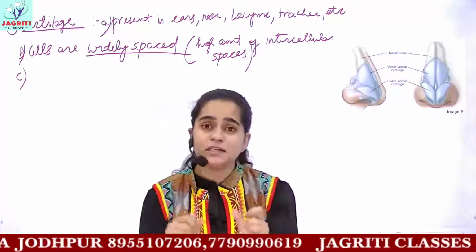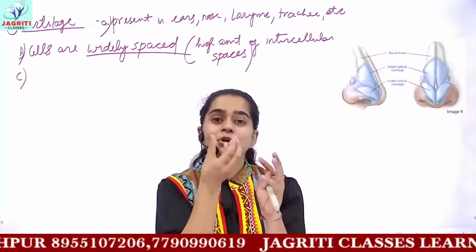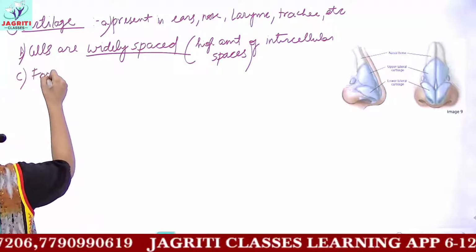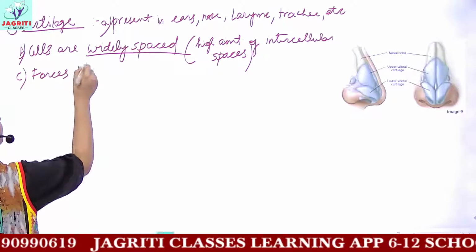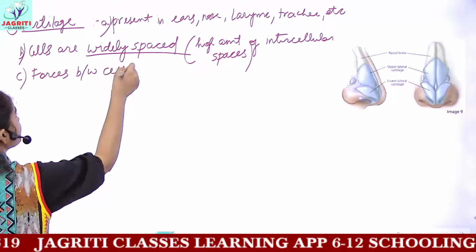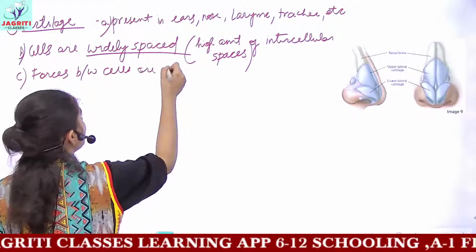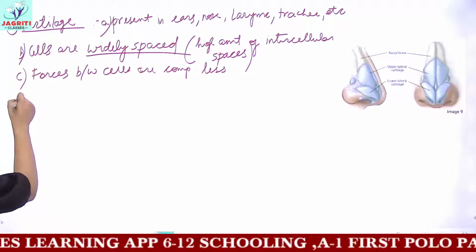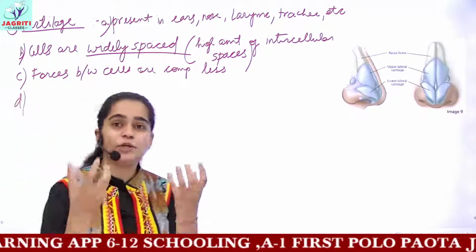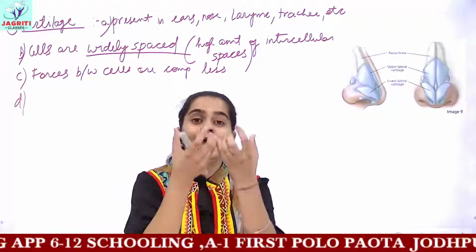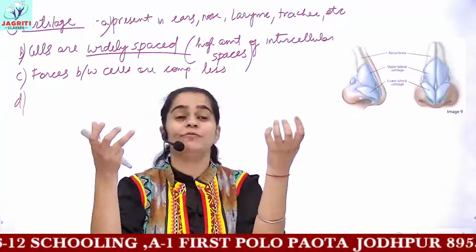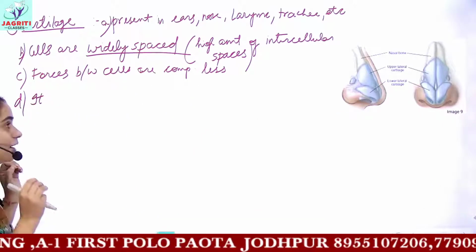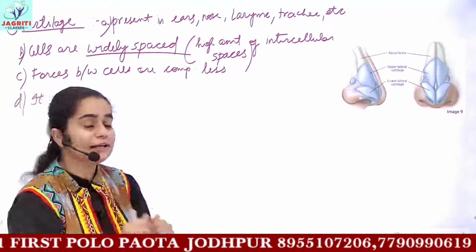this means the force of attraction present between the cells is very less. So you can say that forces present between the cells are comparatively less in magnitude, and therefore because the forces between the cells are less in magnitude and they are present separated away from each other, these two properties give the cartilage its flexibility.